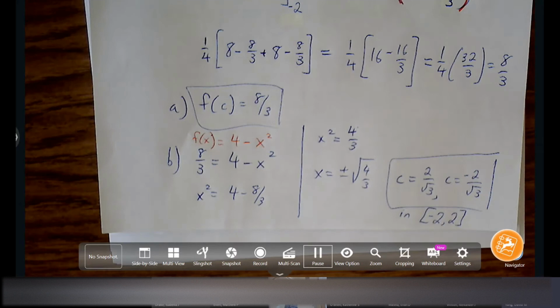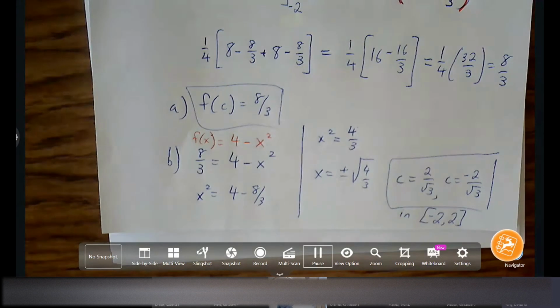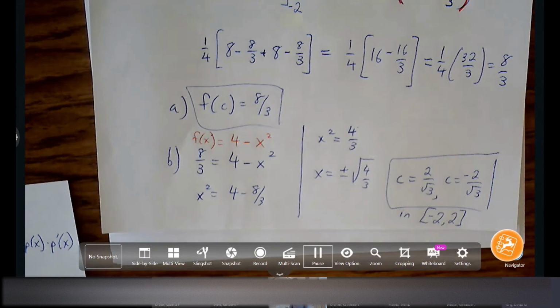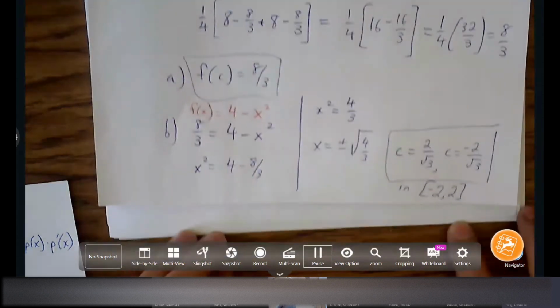So they're both valid locations for our c value. Okay, any questions?